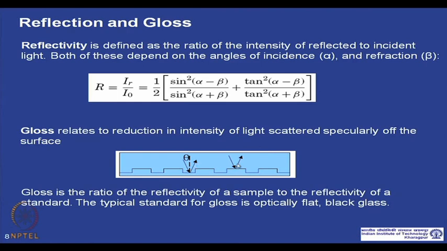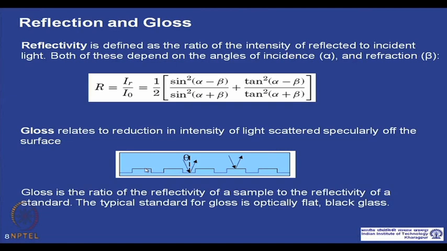So, there will be a phase difference, and as a result there will be a decrease in the intensity. So, if the sample is rough, then the intensity of the light which is specularly reflected will be lower, and there will be a reduction in the value of gloss.